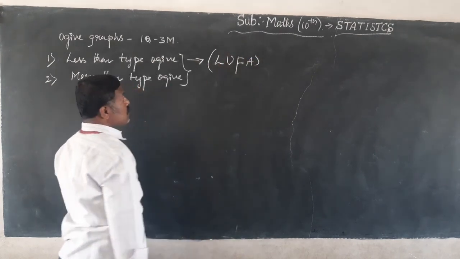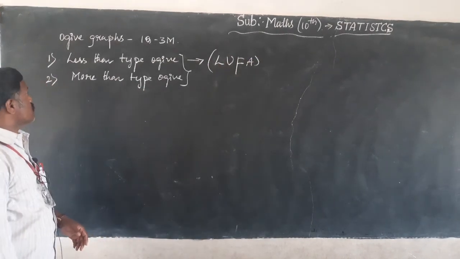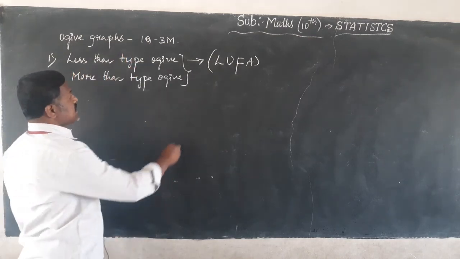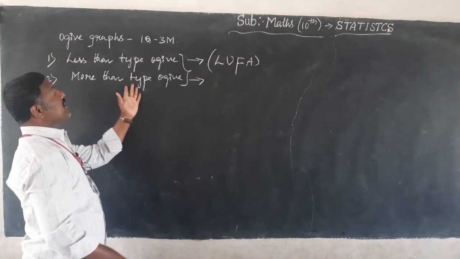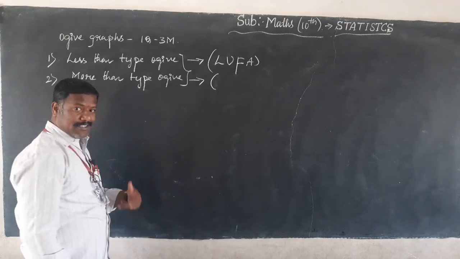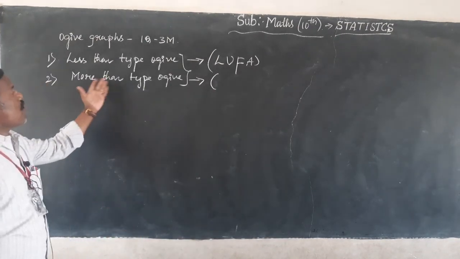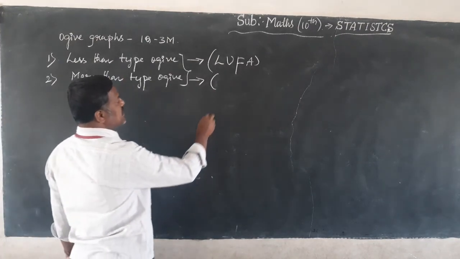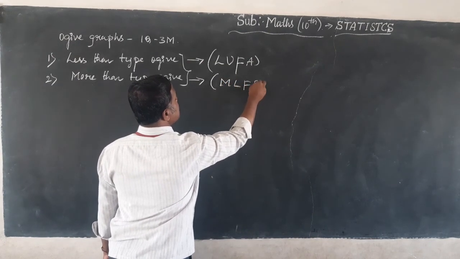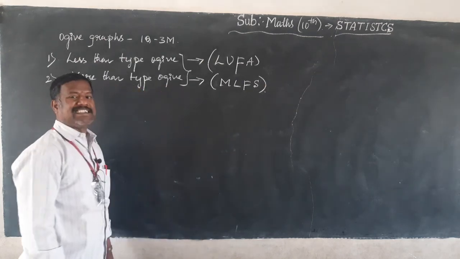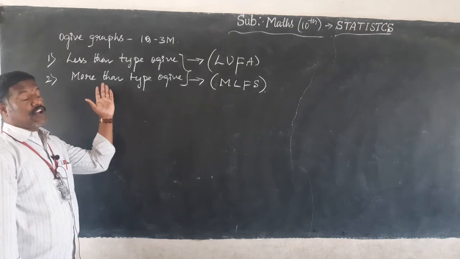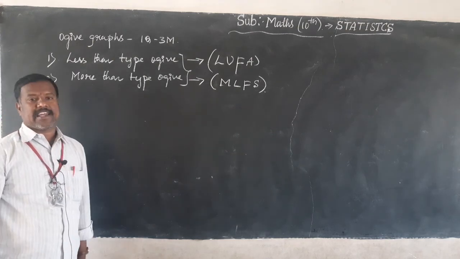This LUFA code is used to construct less than type Ogive. For drawing more than type Ogive I have given another code, that is MLFS. MLFS is the code used to draw more than type Ogive.